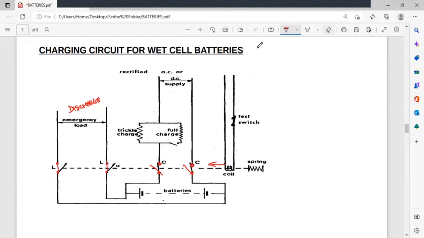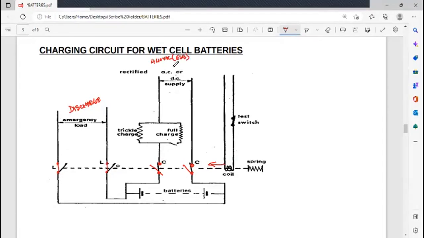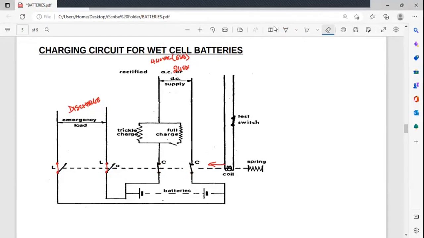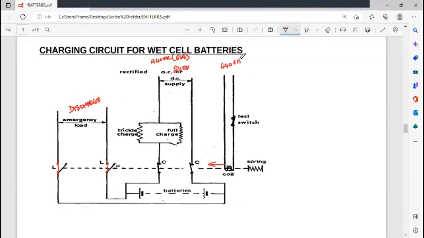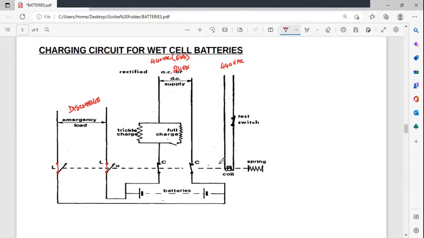Once your normal supply is restored again, 440 volts AC via your ESB, then once again you're getting 24 volts DC over here, rectified and stepped down. Then once again you're going to get your 440 volts at this particular coil, which will get energized, and this time its core is going to be pulled against the tension of the spring.